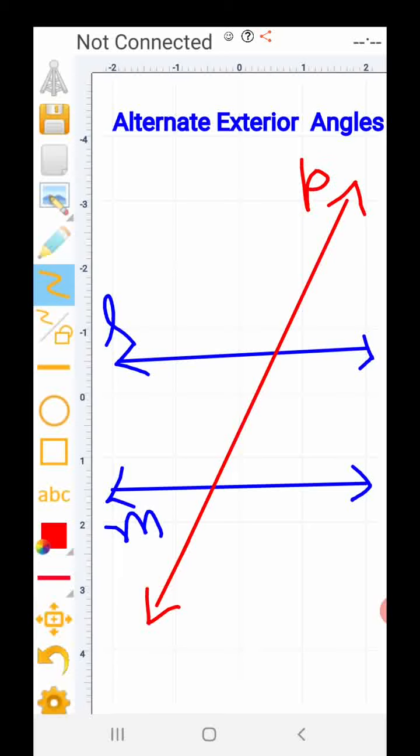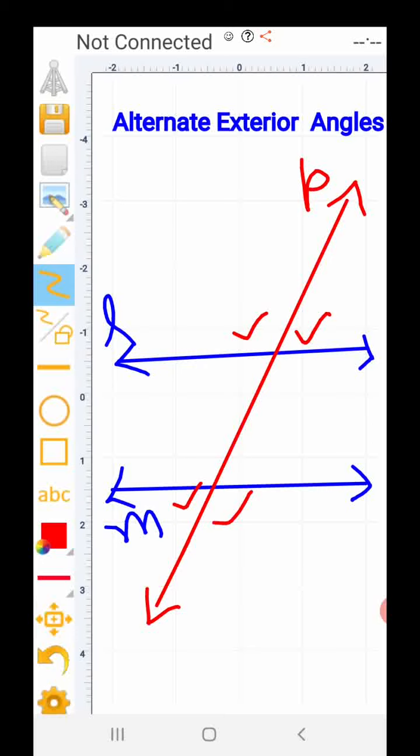Now alternate exterior means exterior angles which lie on opposite sides of the transversal. That means first we find out which are the exterior angles. Exterior means outside of the intersecting lines. That means this one, this one, this one, this one. All these angles are outside of the intersecting lines, so they are exterior angles.